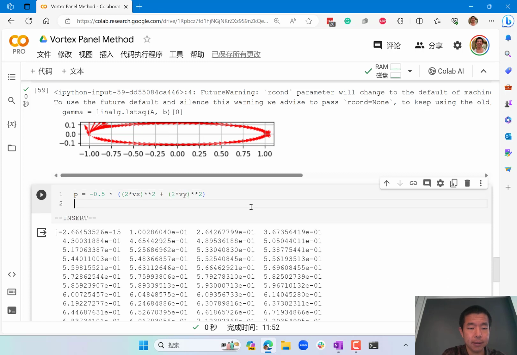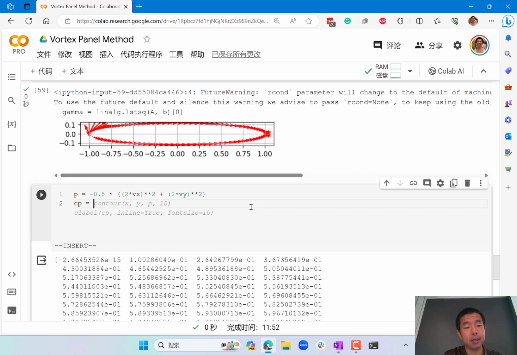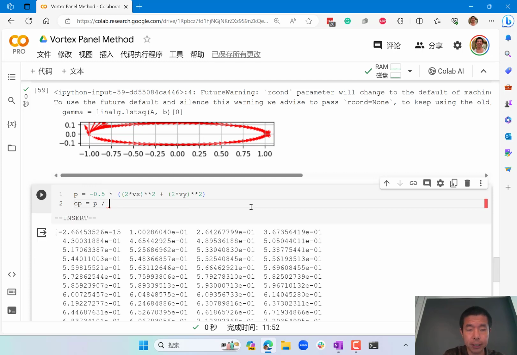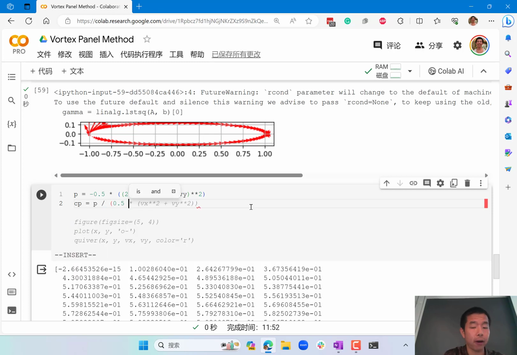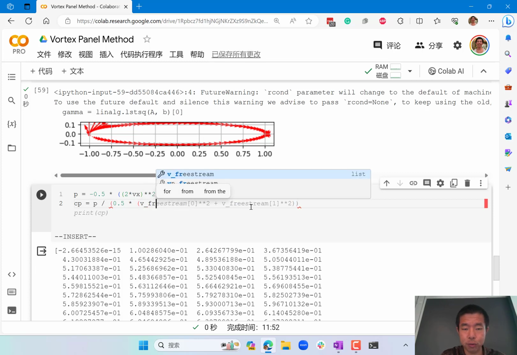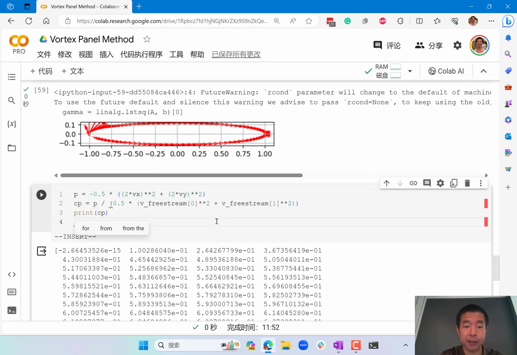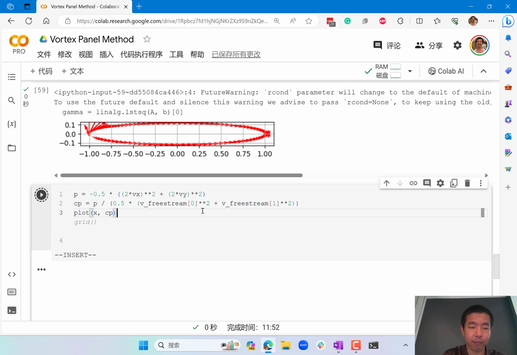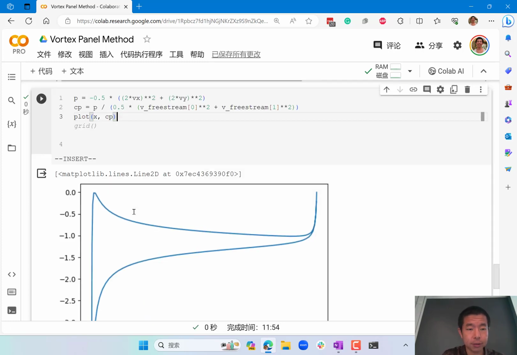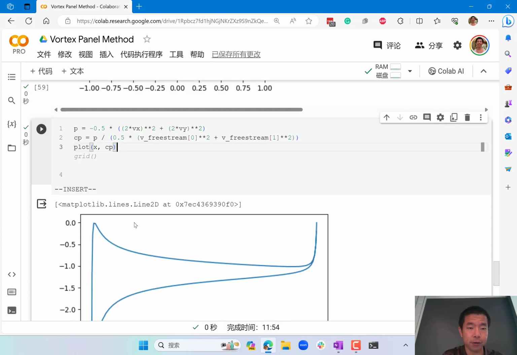Then the pressure coefficient Cp is going to be the pressure divided by half of rho V infinity squared, and V infinity is basically V free stream. So that's my V infinity squared, right? And let's plot x against the Cp. So that's my distribution of pressure coefficient.